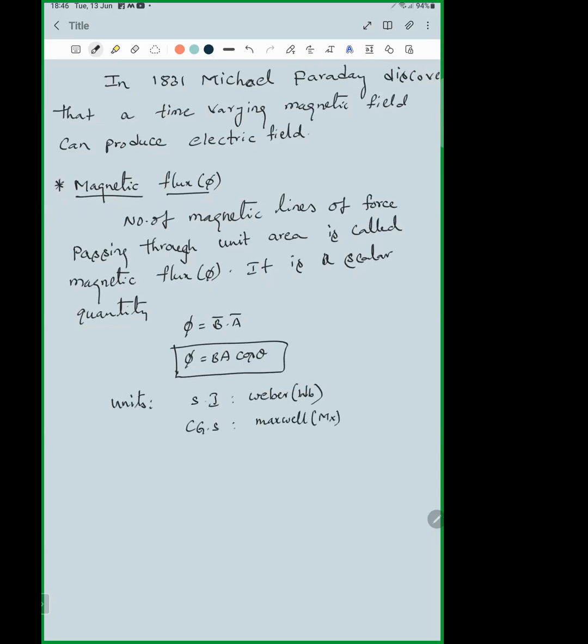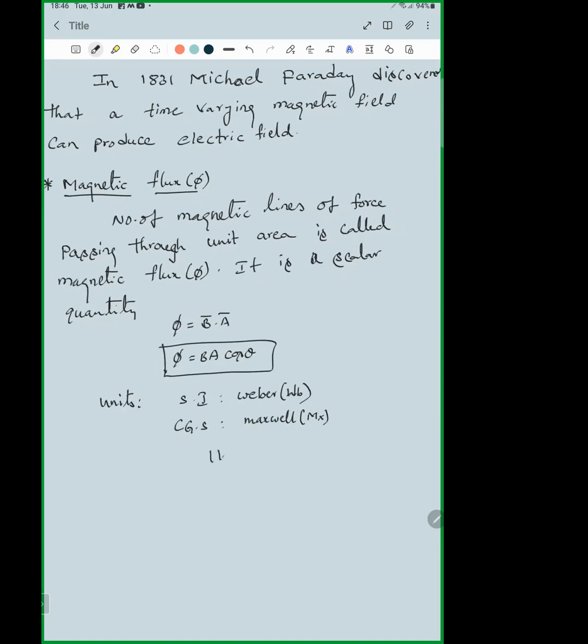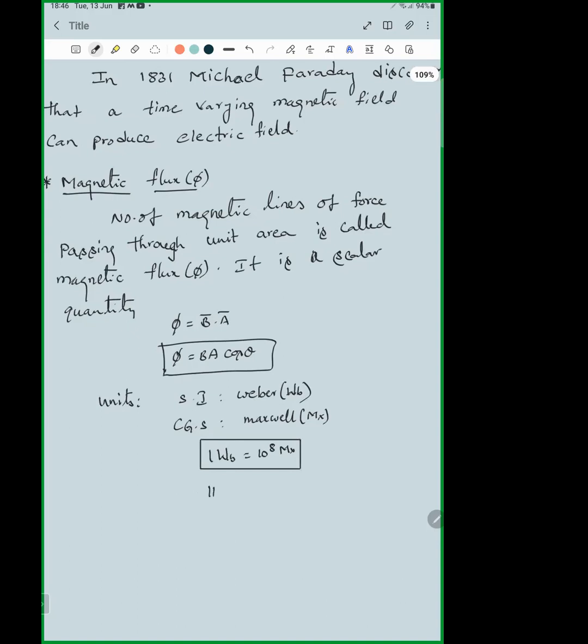So 1 Weber is equal to 10 power 8 Maxwells. Remember this. And similarly, 1 Weber is equal to 1 Tesla meter square.